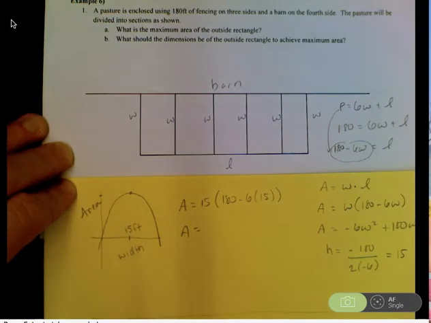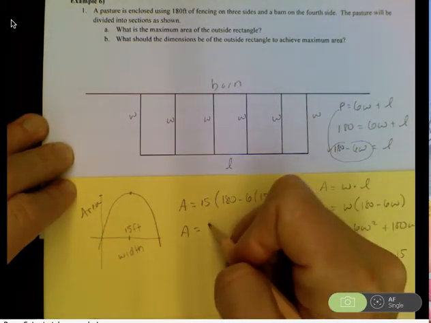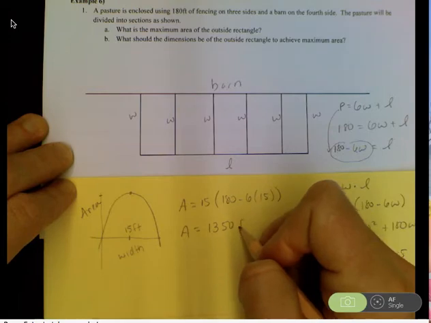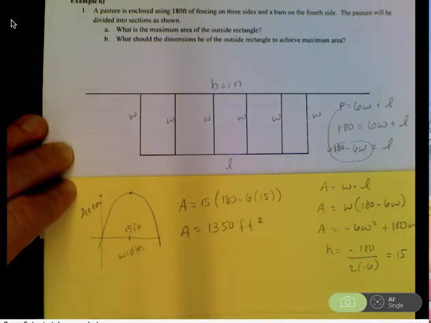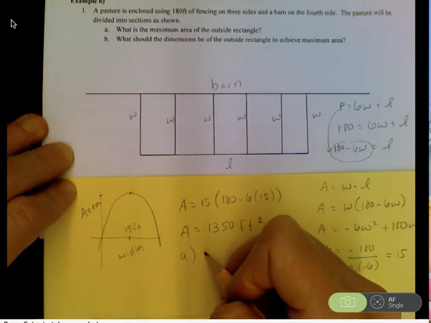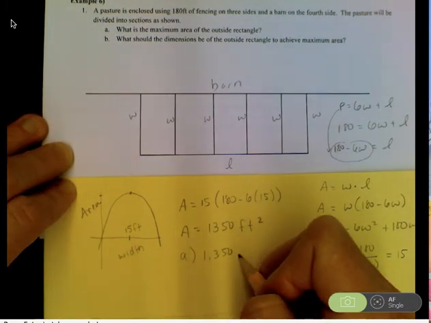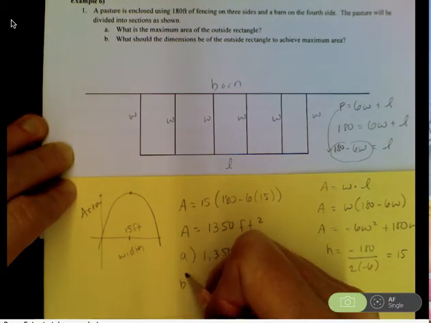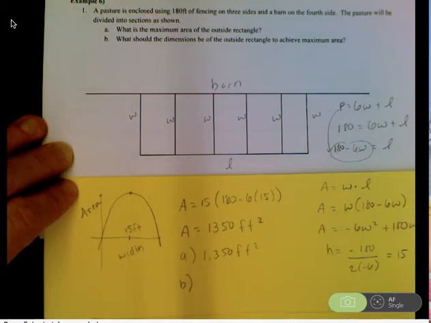Let's plug that in the calculator and see what we get. And we get an area of 1,350 square feet. Okay, so A, what is the maximum area of the outside rectangle? 1,350 square feet.